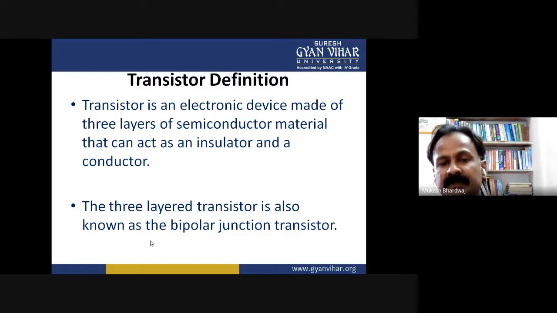Similarly, the composition of the transistor is done by three semiconductors, either PNP or NPN.